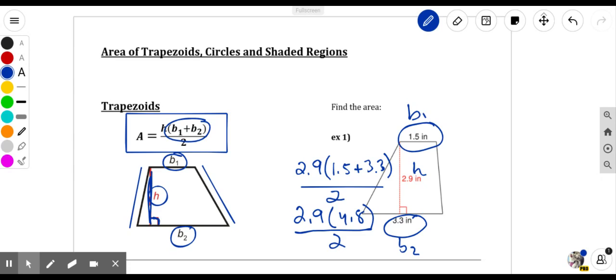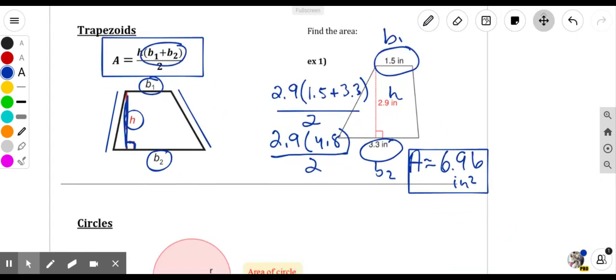So 2.9 times 4.8 is 13.92, divided by 2 is 6.96. So the area here would be 6.96, and we would say square inches or inches squared. Okay, so that's the area of a trapezoid. They're all pretty much the same, just plugging it in and making sure you're doing the correct order of operations.